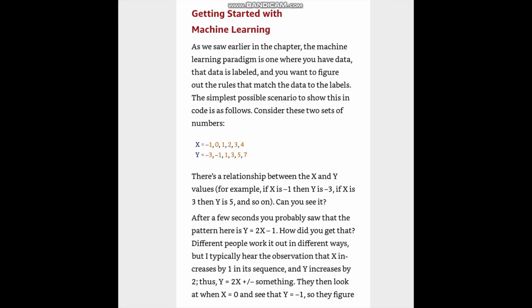Similarly, when x is 0, y is minus 1. When we see there is a pattern between these numbers, we can say that y is 2x minus 1. That is, if you put x equals minus 1, the value of y would be minus 3.